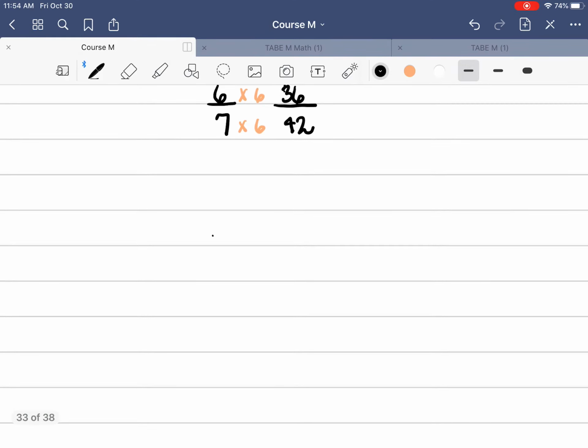How about 10/11 raised to something over 55? 11 times 5 is 55. 10 times 5 is 50.